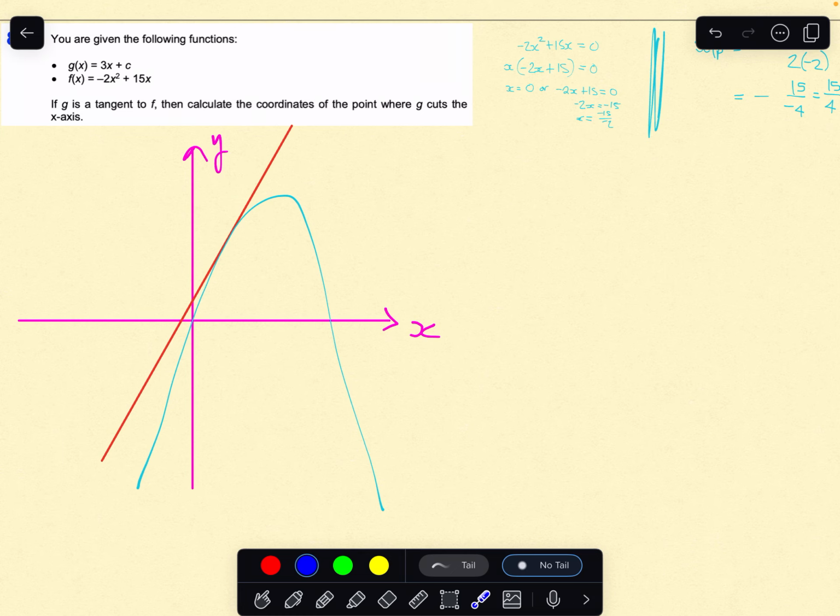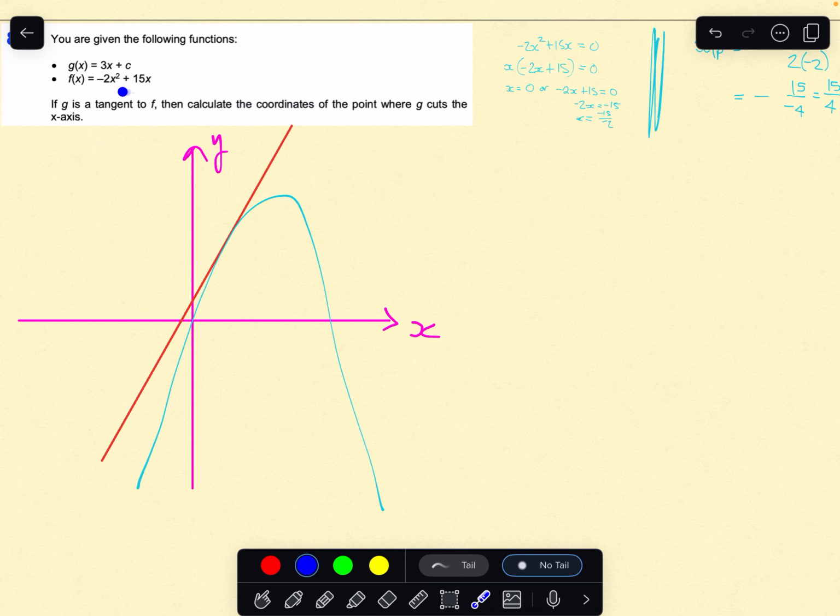So how do we do that? Well, we know the gradient of this line is 3, and it will be a tangent to this curve when this curve has a gradient of 3 as well. So we are going to find the first derivative in order to get our gradient function for this parabola. Then we're going to figure out at which x value this curve has a gradient of 3.